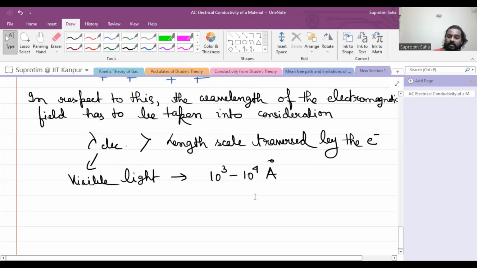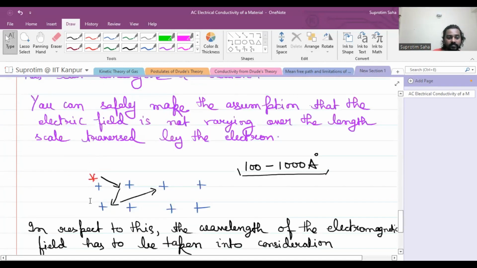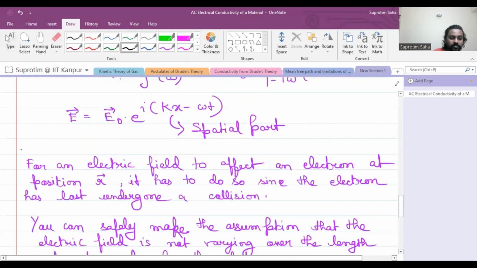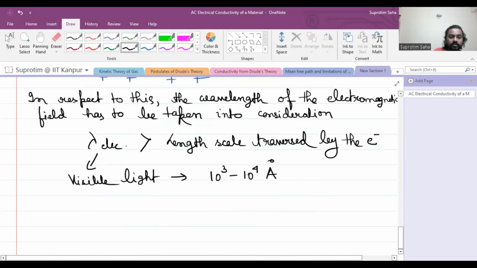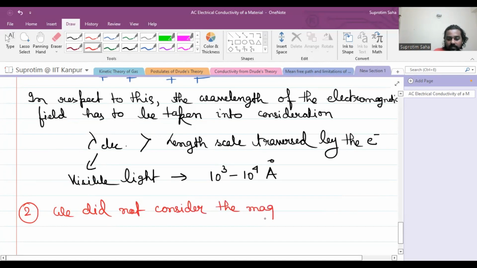All right. This is the first point. The second point is that we did not consider the magnetic field.